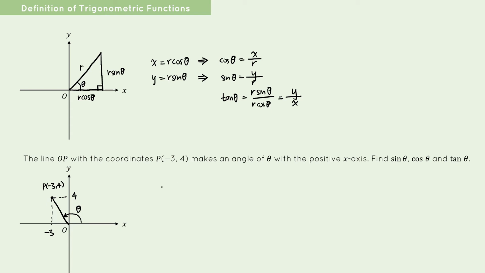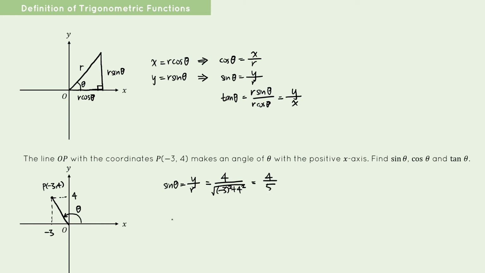Yes, we can. Sine theta is y over r, which equals 4 over r. r is the length, so we can find it by Pythagoras theorem. Square root of -3 squared plus 4 squared, so it's 4 over 5.